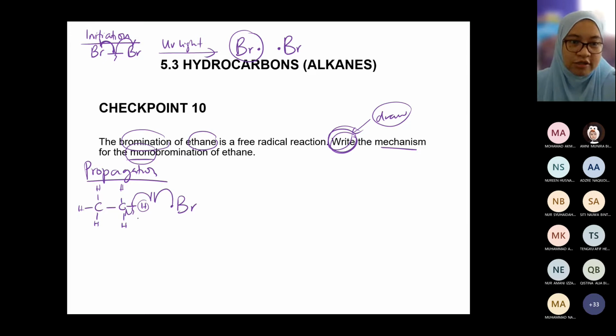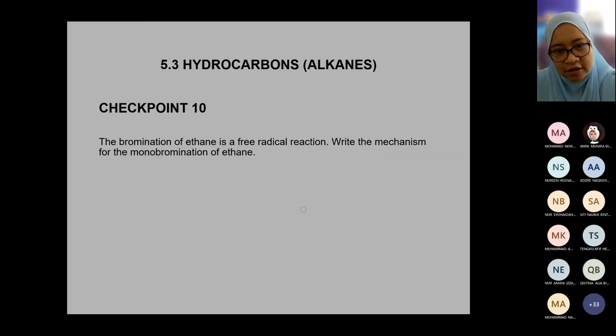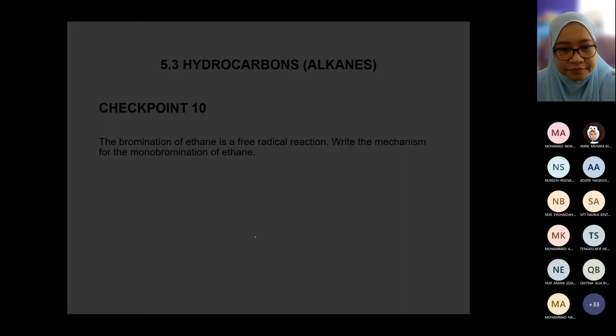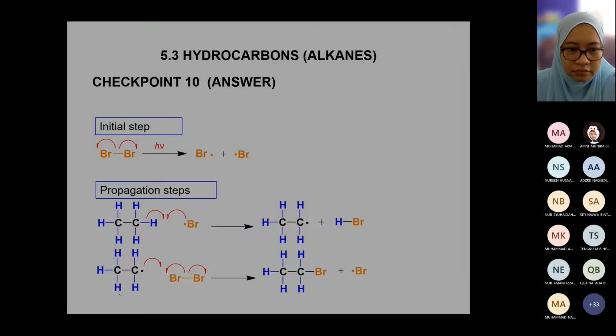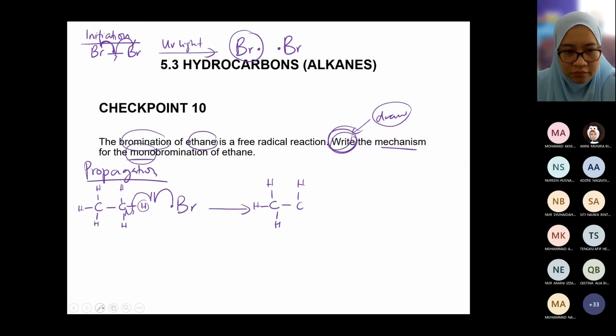You need three arrows there. The hydrogen then forms a bond with bromine. The product formed is CH3CH2 with a dot, the radical. Make sure the dot is clear; don't just put a very small dot.